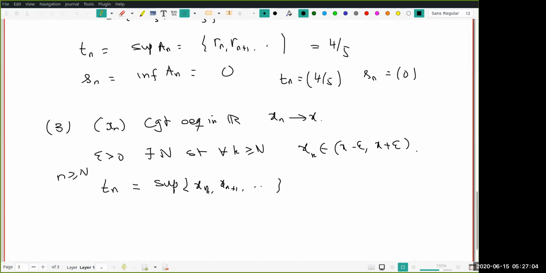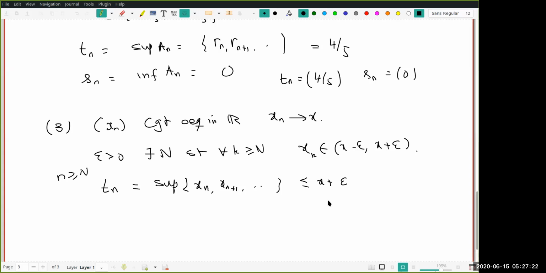And this little n is greater than or equal to capital N, therefore each of the x_k here lies in the interval and is bounded above by x plus epsilon. Therefore, this is less than or equal to x plus epsilon. Do you understand that?